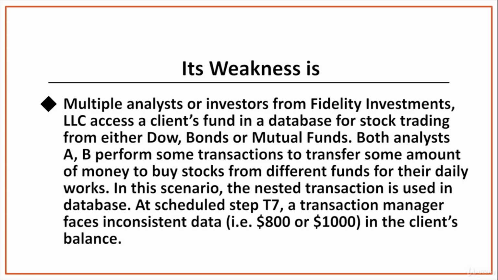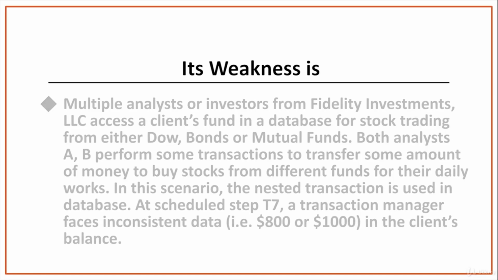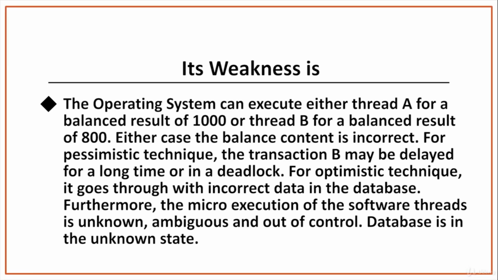At scheduled step T7, a transaction manager faces inconsistent data. That is $800 or $1,000 in the client's balance. The operating system can execute either thread A for a balanced result of 1,000 or thread B for a balanced result of 800. In either case, the balance content is incorrect.